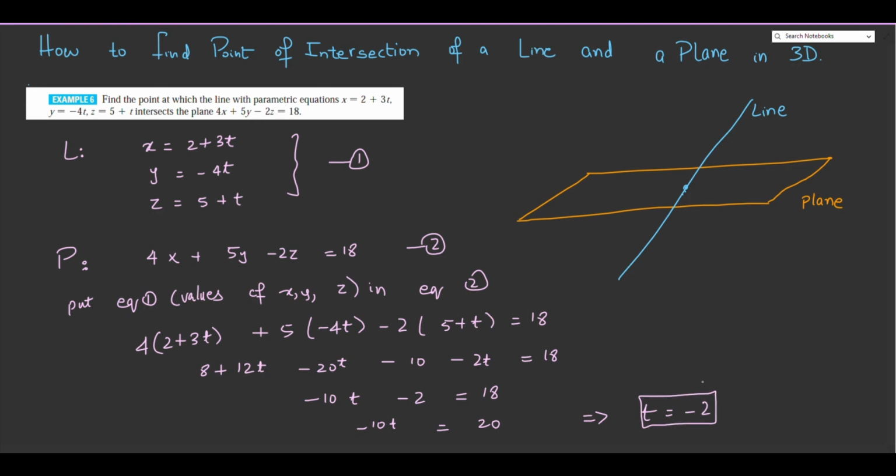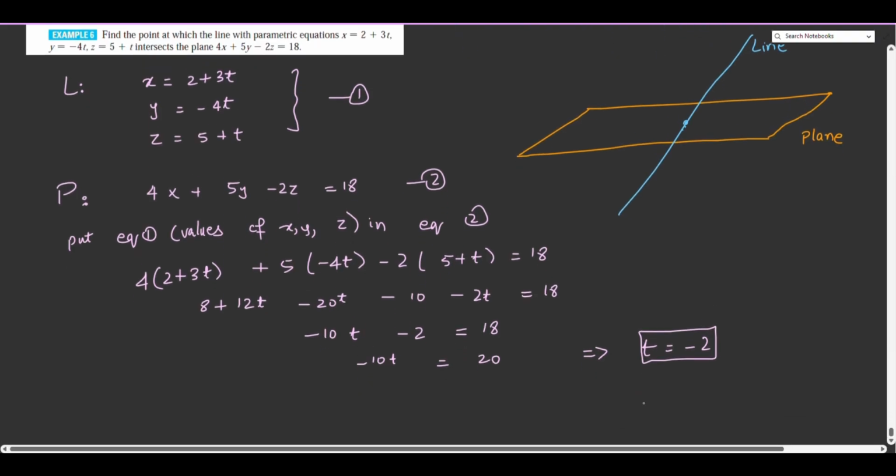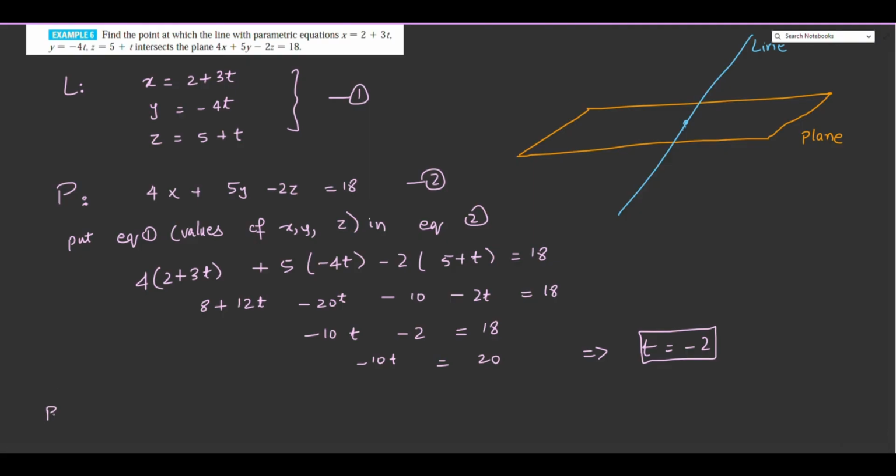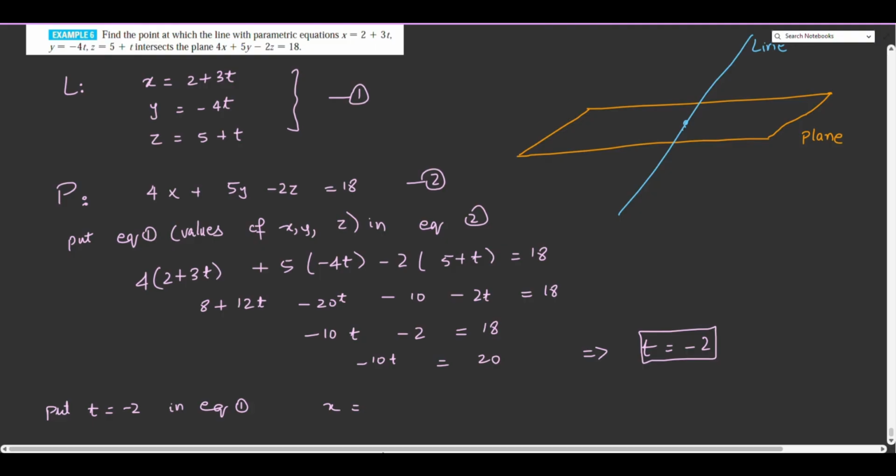Now put this value of t equals minus 2 in equation number 1. So x will become 2 plus 2 multiplied by minus 3, which is 2 minus 6, and that gives you minus 4.